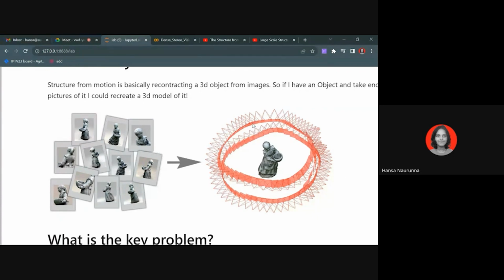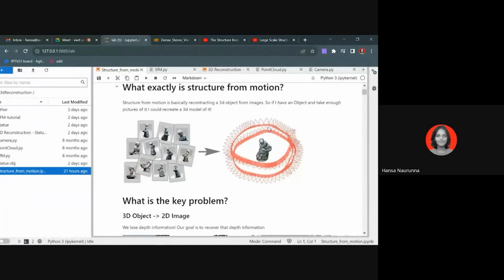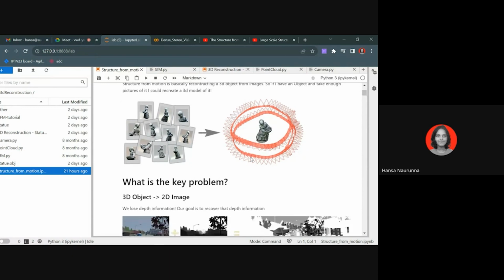These orange things are the cameras the pictures were taken from. You can see that going around the child, we have taken pictures of it, and we're trying to reverse the process and reconstruct this 3D object.